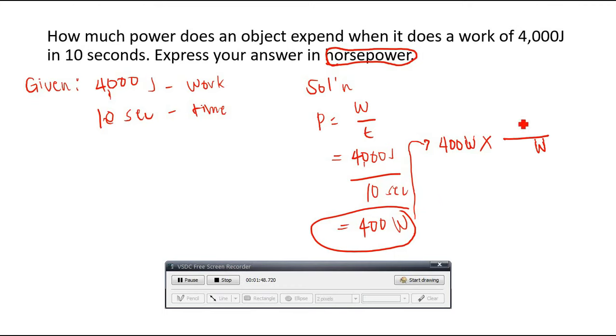Your desired unit will be HP. So cancel, and in 1 HP you will have 746 watts. That will be 400 times 1 divided by 746. You will get 0.54 HP. Therefore, the power that you need for this problem is 0.54 HP.